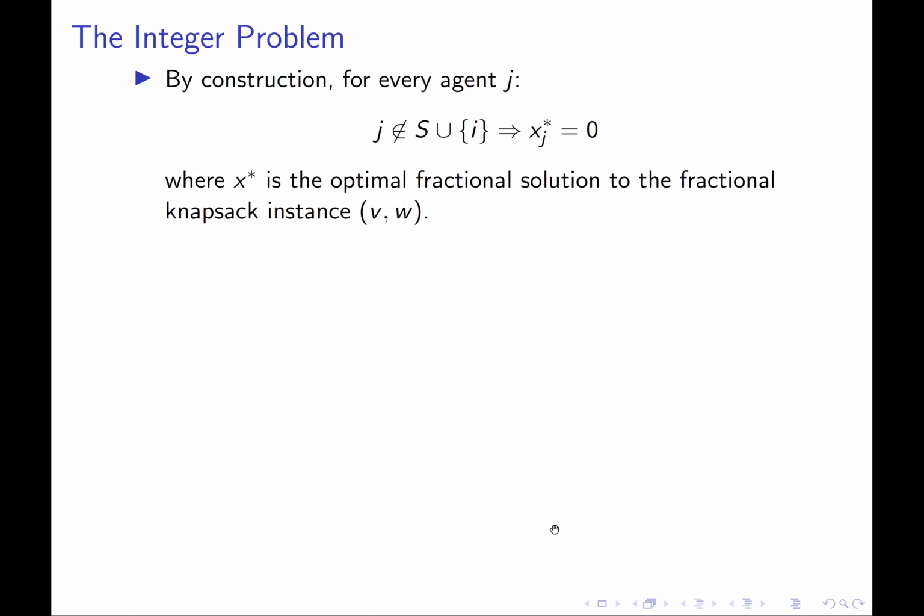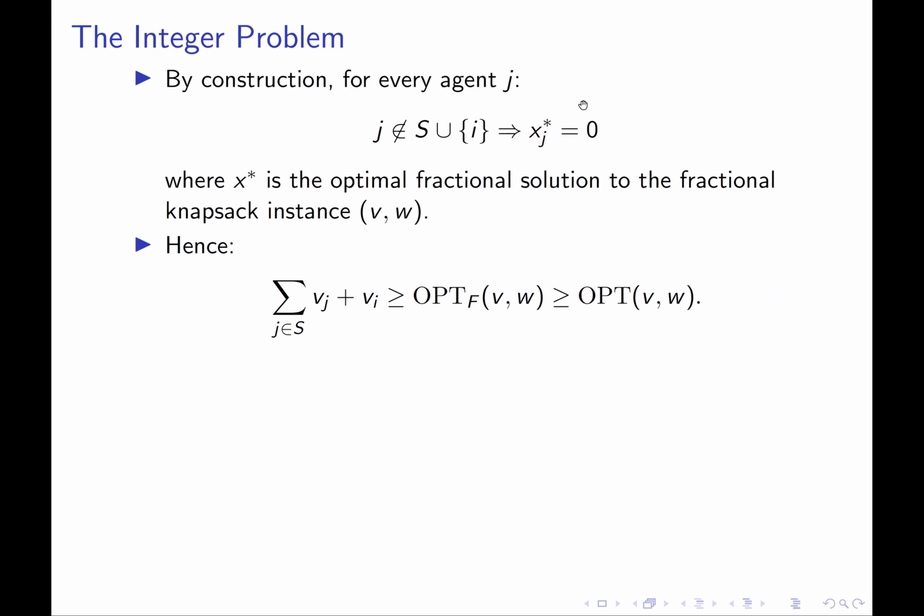It has allocated exactly the same people that the fractional algorithm would have fully allocated. The only difference is that the fractional algorithm would have also given a partial allocation to bidder I. Okay? So this is just to say that for any bidder J who didn't end up in this greedily selected set S, and who wasn't this first bidder I who didn't get allocated, any such bidder also received nothing in the optimal fractional solution.